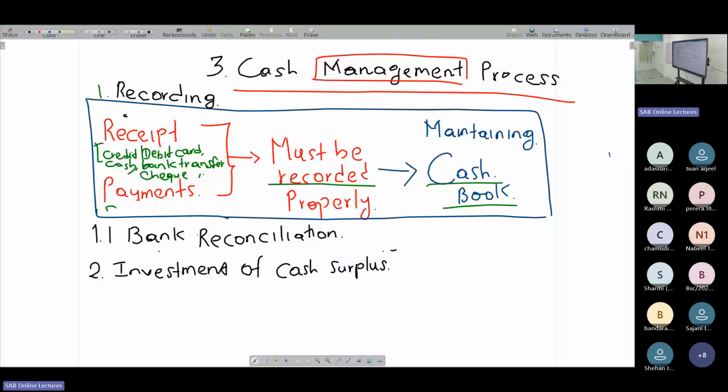A current account does not give interest, so what can you do?